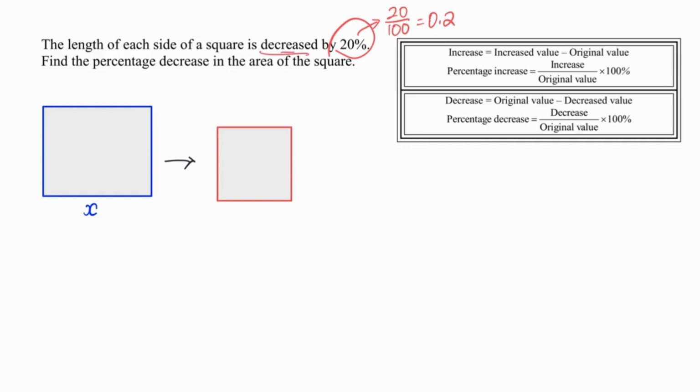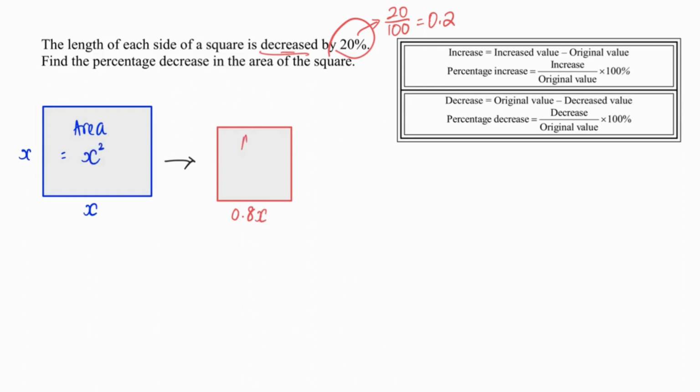Decrease means we are left with 0.8x. That would be the new length. Okay, so with that in mind, because it is a square, that means this is also x, so the area is equals to x times x, x power 2.